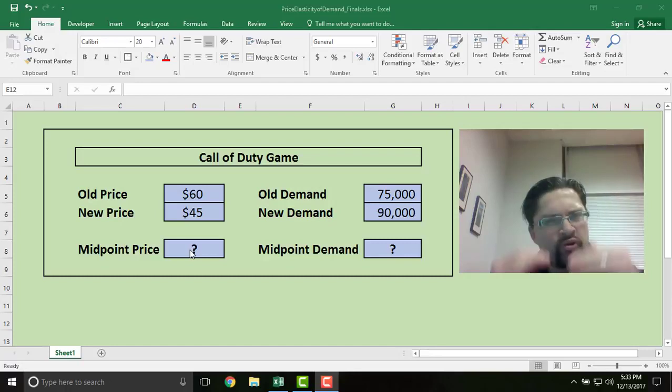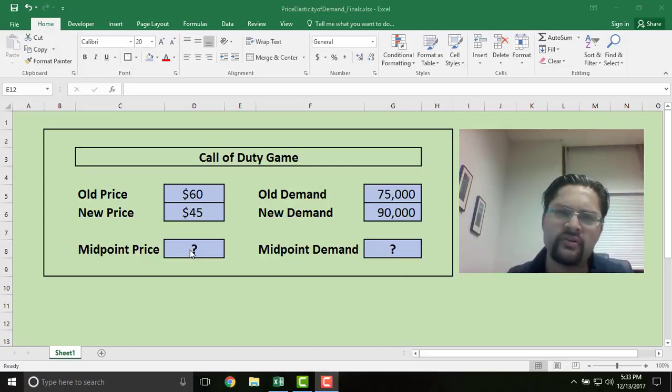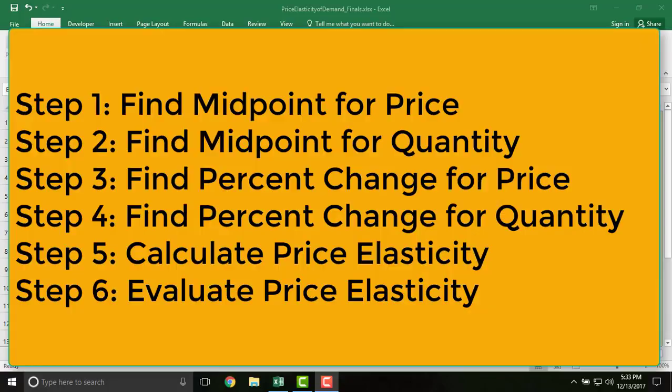The problem is remembering all of the steps. So I'm going to show you the steps here before we begin on how to calculate price elasticity of demand and evaluate it. So just take a look for a moment before we begin with the math. Okay, so step one, we're going to identify the midpoint for pricing.